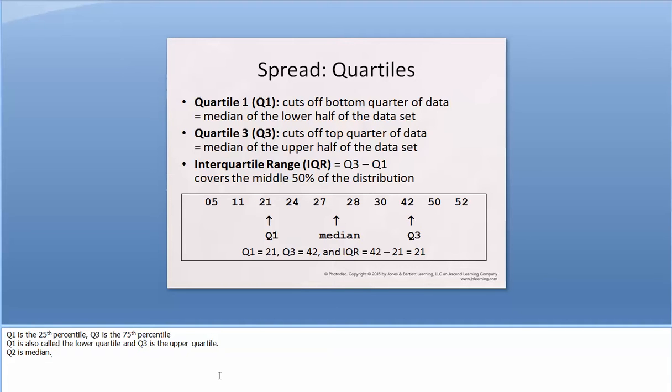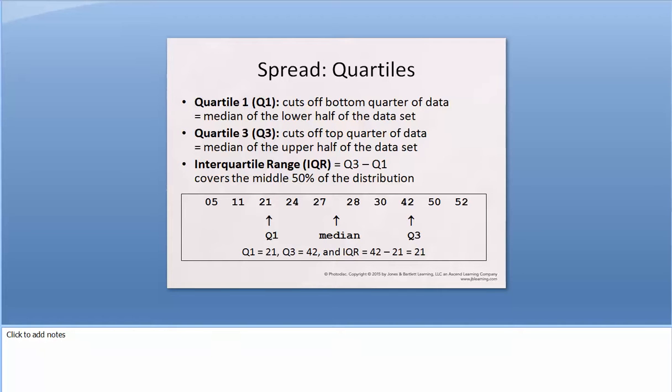Okay, rarely used. Okay, all right. So here's the median, which is actually the 50% mark. So Q1 is the 25th, then you have the 75th. So the interquartile range would be 42 minus 21, which is 21.